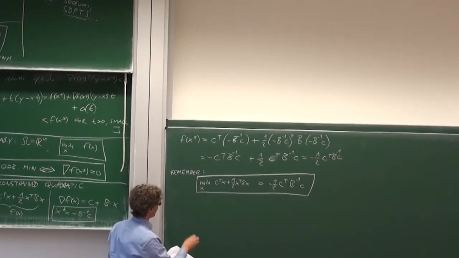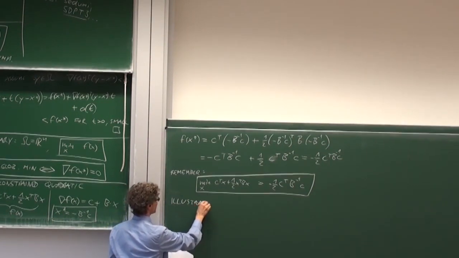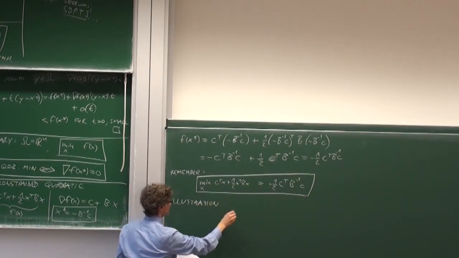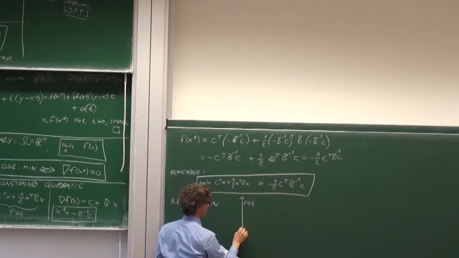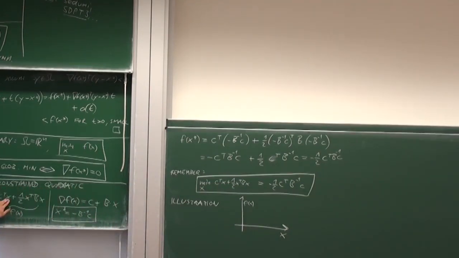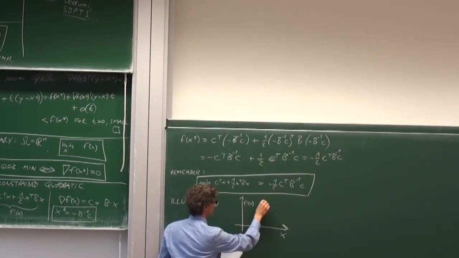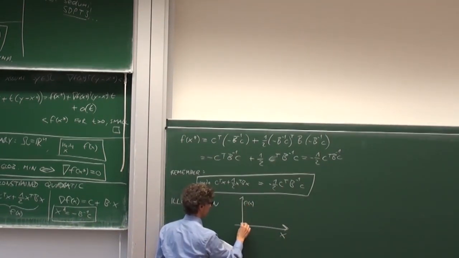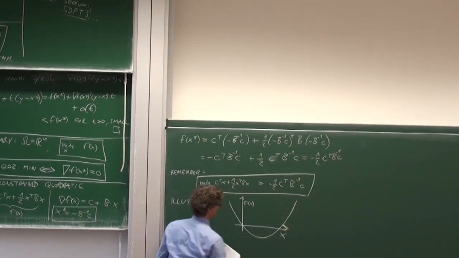But what I would like to illustrate here is actually an illustration of that theorem so that you can remember it easier. So you have a function. This is f of x. This is x. At the point 0, this function is 0. And then depending on the sign of our gradient, let's assume the gradient c is negative here for a moment, our function will look like this.